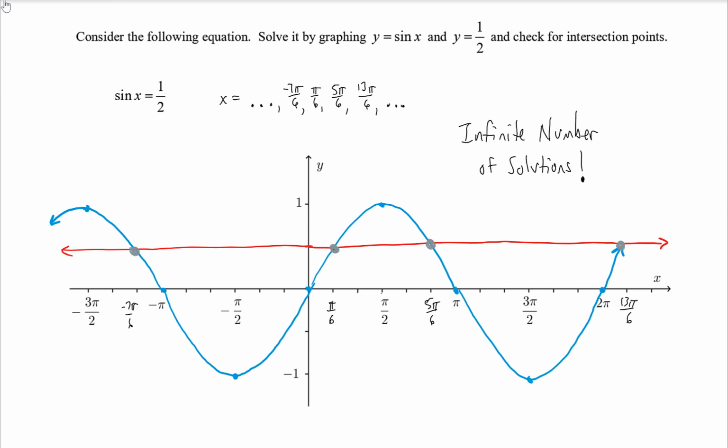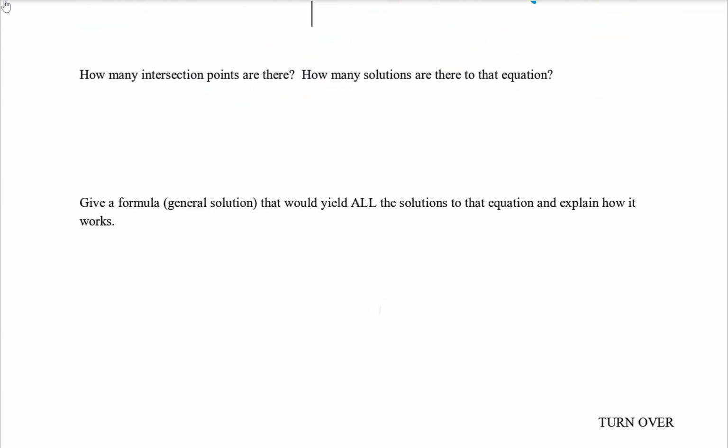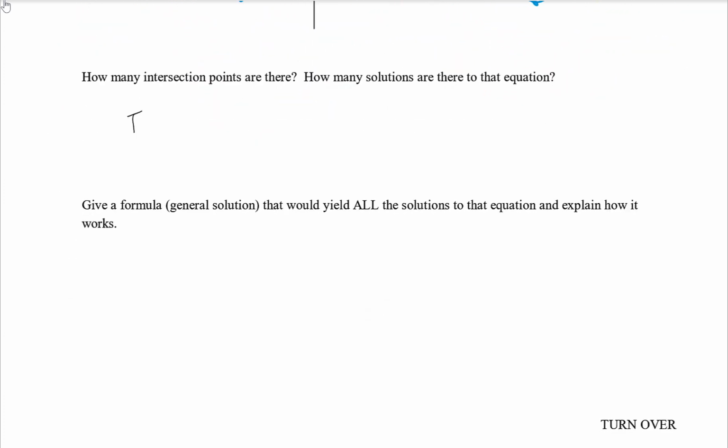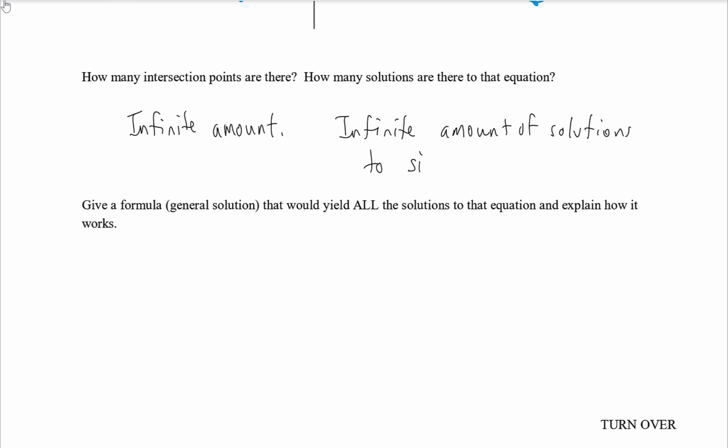Well, that makes things a lot trickier than, say, solving quadratics was. So how many intersection points are there? There's an infinite amount. How many solutions? Well, infinite amount. There's an infinite amount of solutions to sine of x equals 1/2.